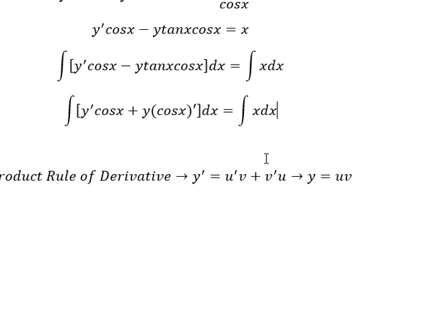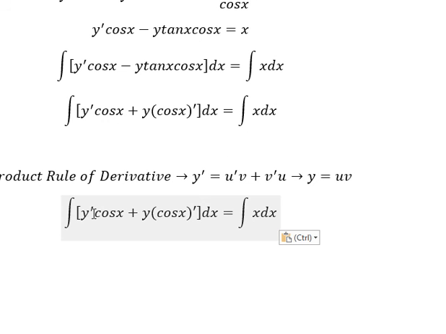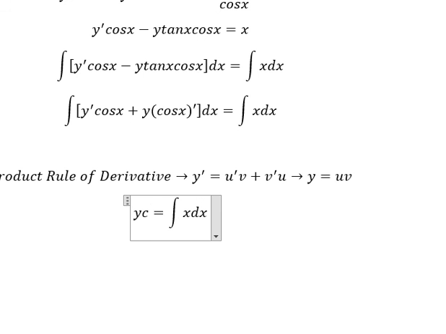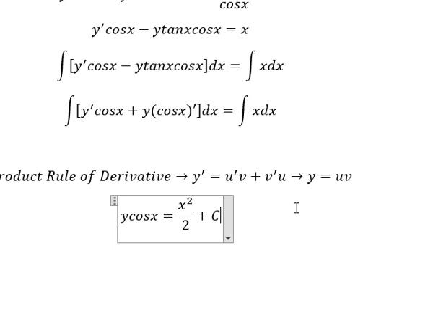So in this situation, this is u, this is v, and you get y cosine s. The integral of s, you get s square over 2, and we put c.